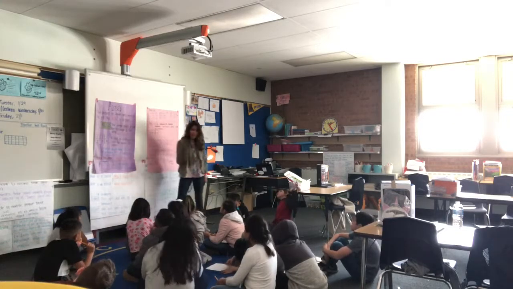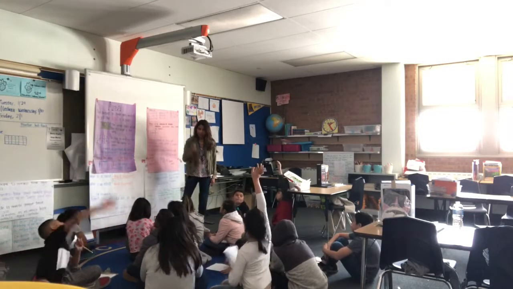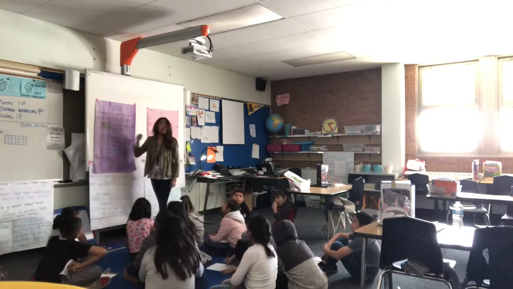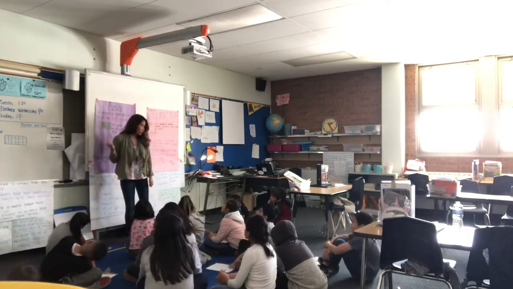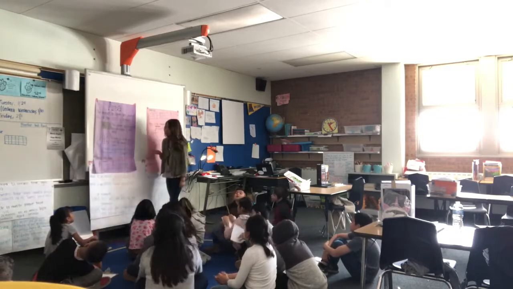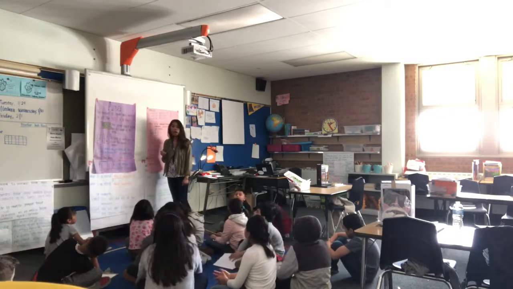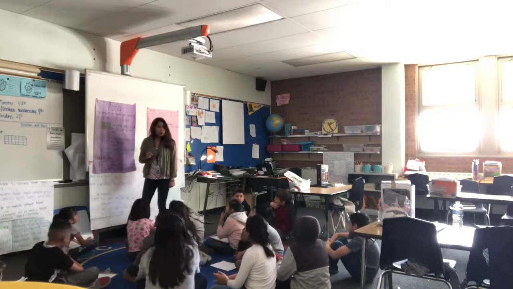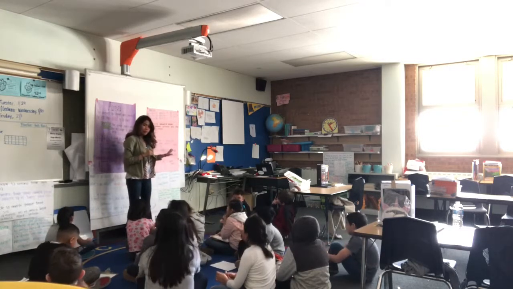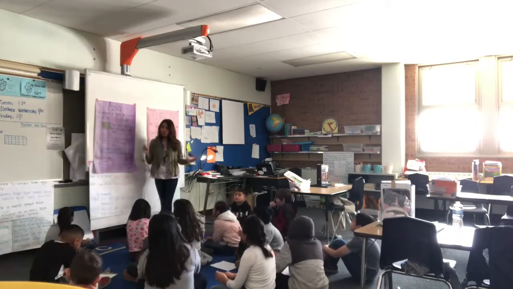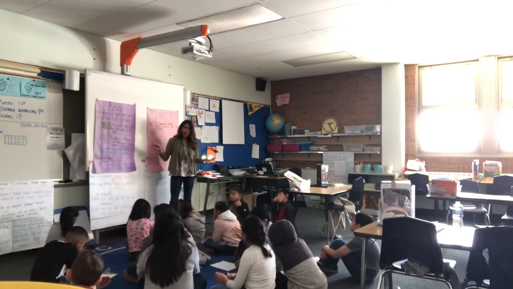Multiplication facts, what does that give us? What area does that give us, Lolita? 15? 15. Just 15? 15 square units? Okay, can we all say 15 square units? 15 square units.